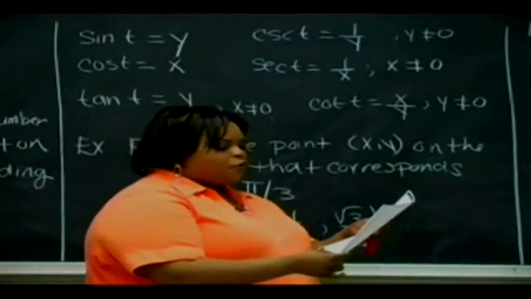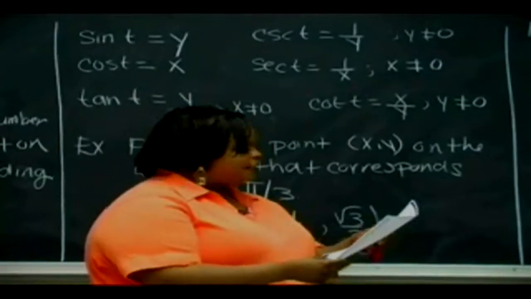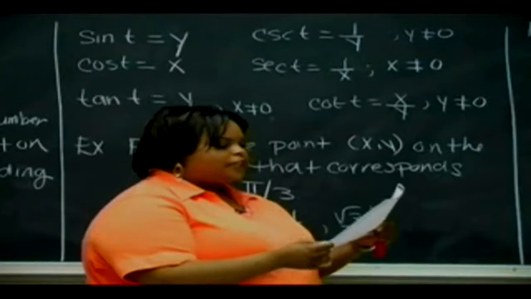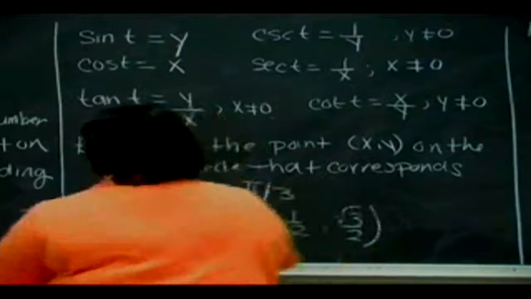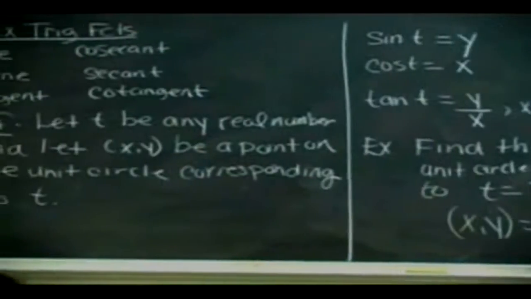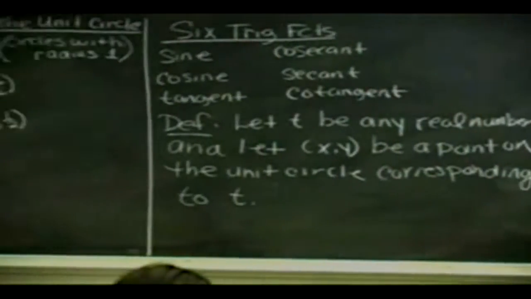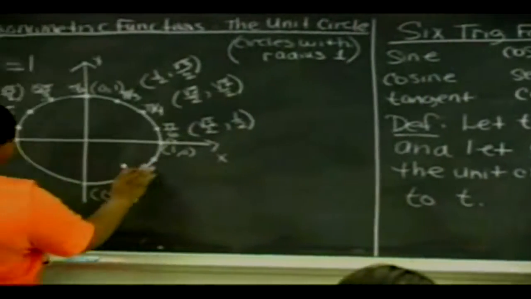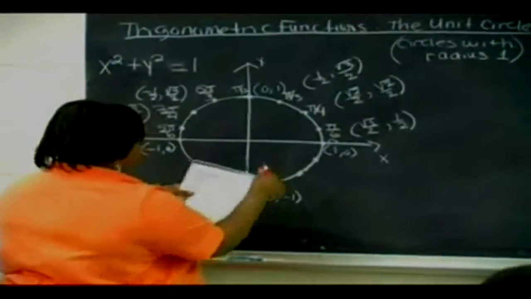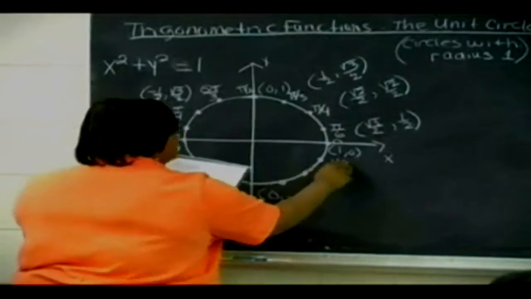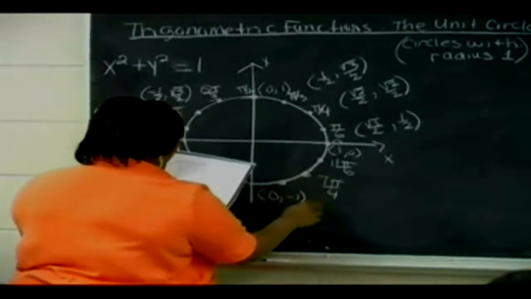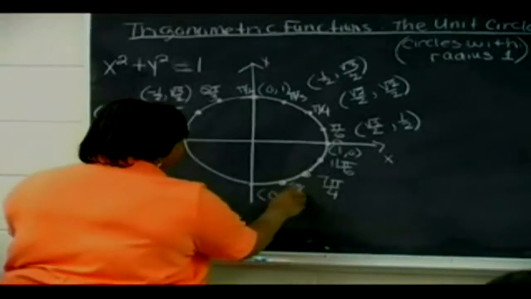We can look at this unit circle to figure that out. What we can do to find negative pi over 4 is, if you look at that unit circle, in which this is pi over 4 here, if I go the same distance down, I guess I should have put my points in here. This represents 11 pi over 6. This one represents 7 pi over 4. And this represents 5 pi over 3.